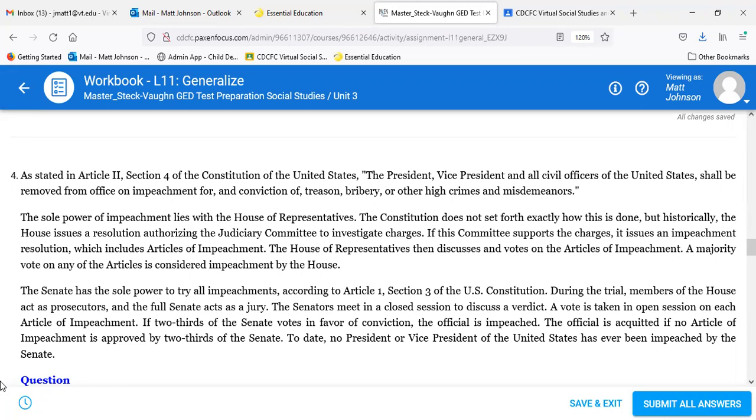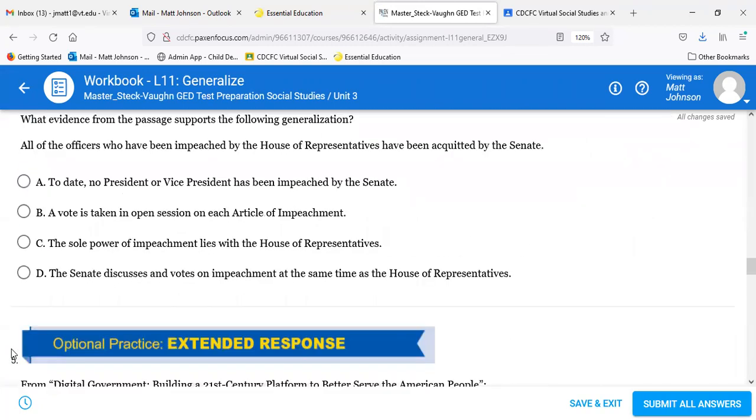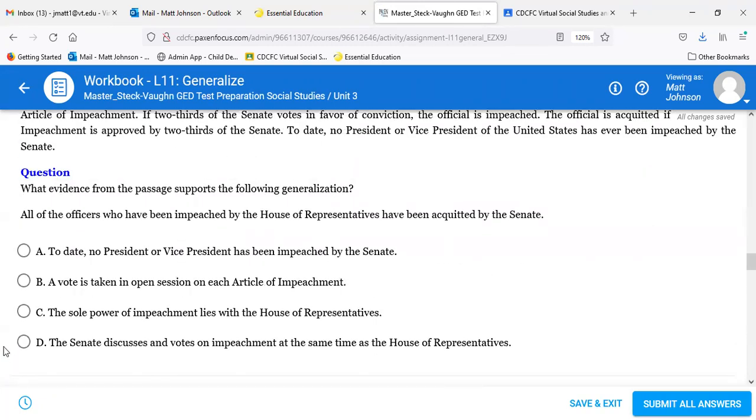So for 4, Tracy, go ahead and read 4, the question for us. Yes. What evidence from the passage supports the following generalization: all officers who have been impeached by the House of Representatives have been acquitted by the Senate?